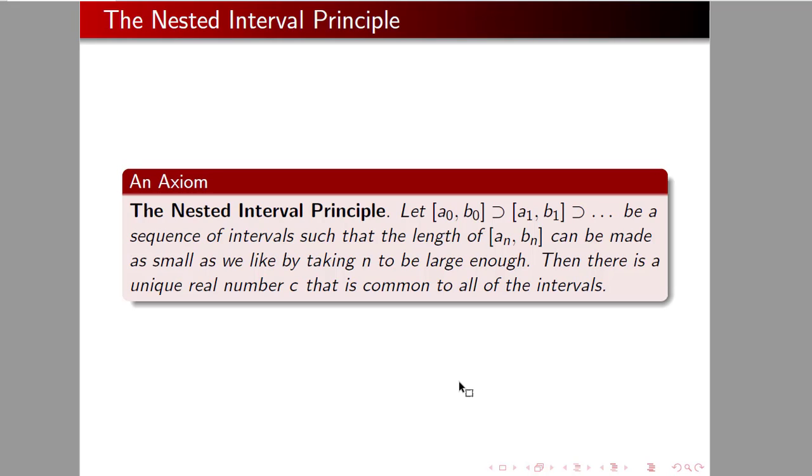Then there is a unique real number that is common to all of the intervals. So again, we start out with the biggest interval and we go down and it gets smaller, made just teeny, and they're nested within each other. We call this the nested interval principle.